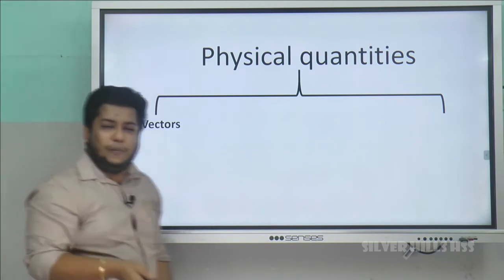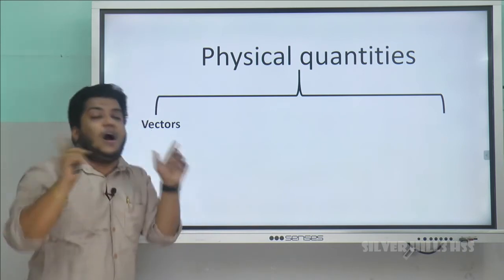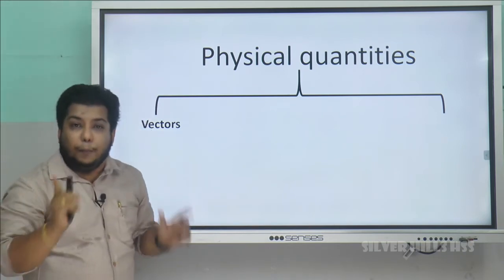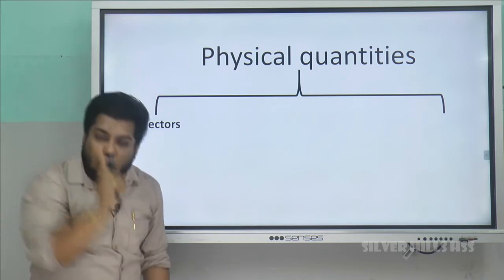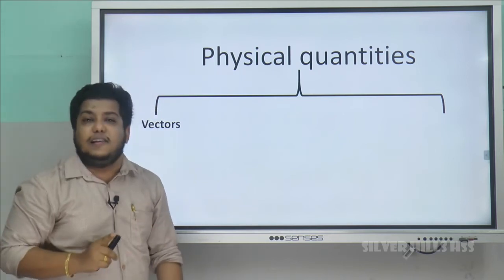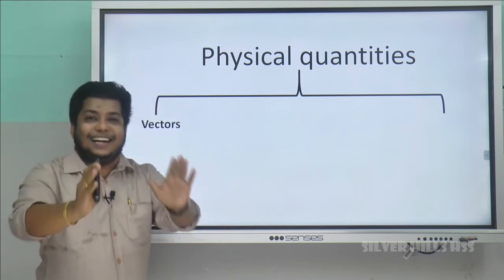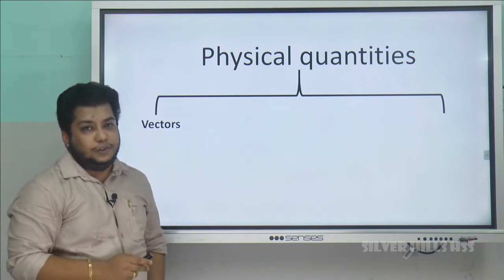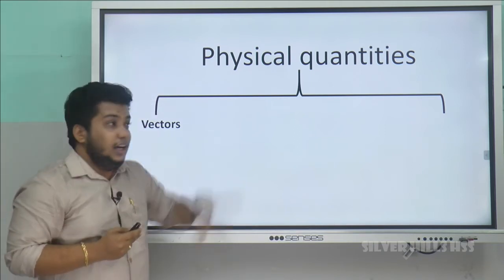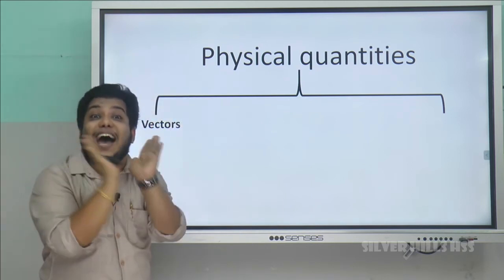What do you mean by vectors? Those physical quantities which have both magnitude as well as direction are called vectors. So for a vector quantity, there should be a certain magnitude as well as a certain direction.